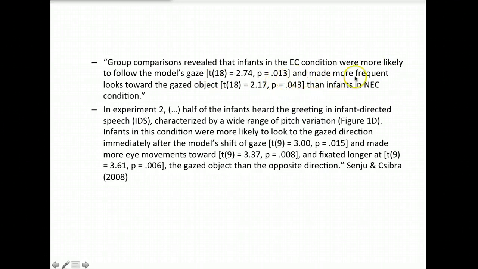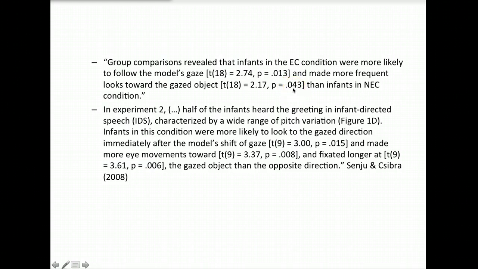And it also states here that they made more frequent looks toward the gazed object. Again, we have 19 participants, and we see here a t-value telling us that the variance between conditions was twice as high as the variance within condition. We now notice that the p-value here is getting very close to the threshold.